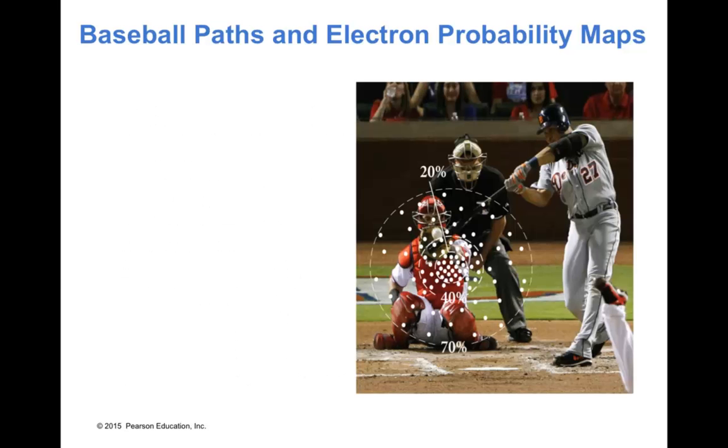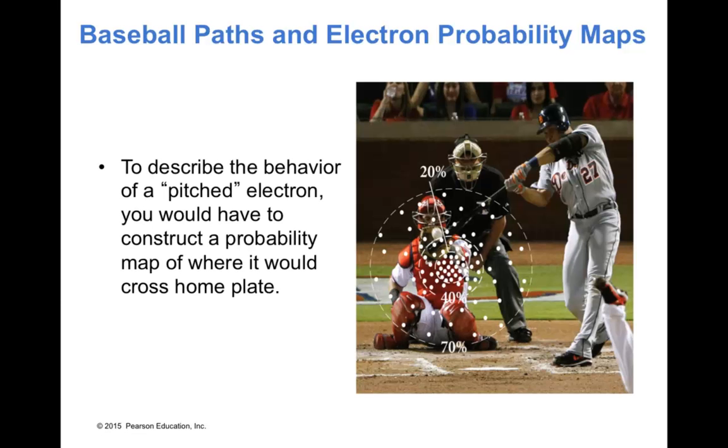Here we have an example of a probability map. As you get closer to here, you have a higher probability to find the electron, and also here and also in the outer shell. So to describe the behavior of a pitched electron, you would have to construct a probability map of where it would cross the home plate.